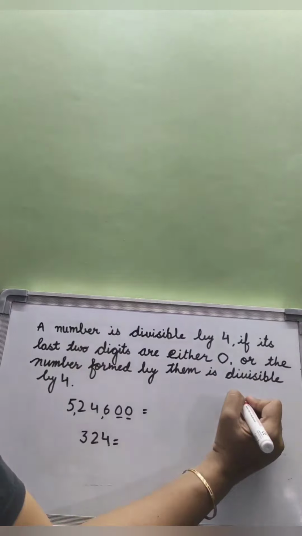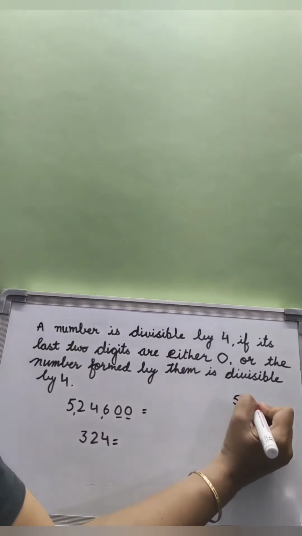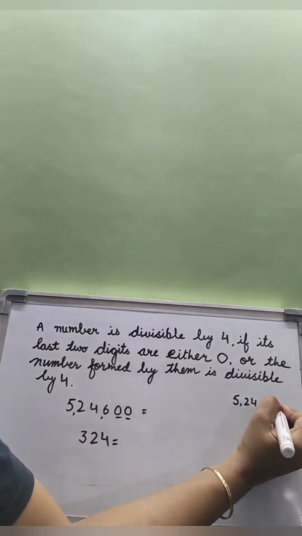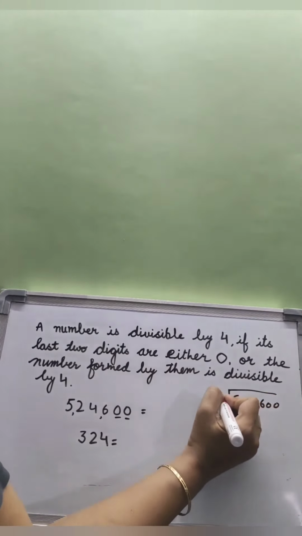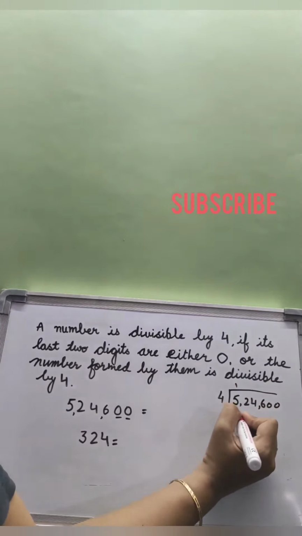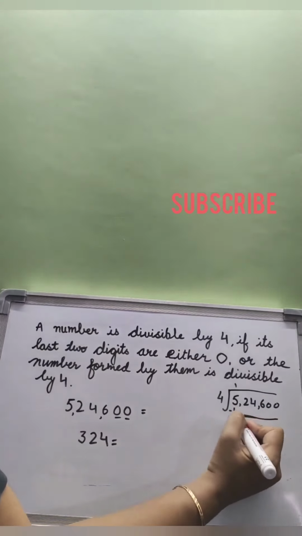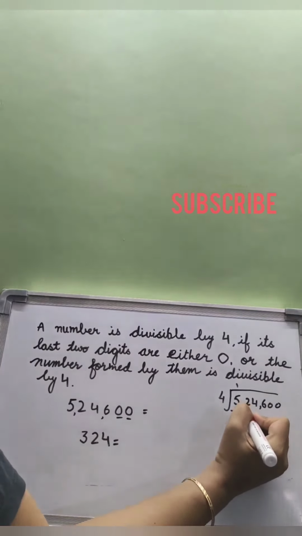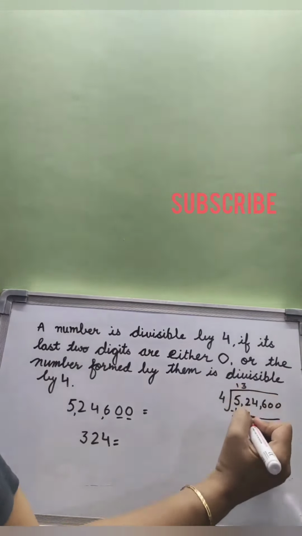Let's check once. 524,600. So let's divide by 4 and check. 4 ones are 4. 4 threes are 12.